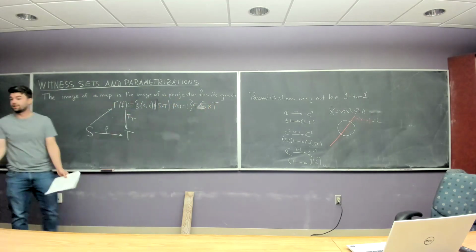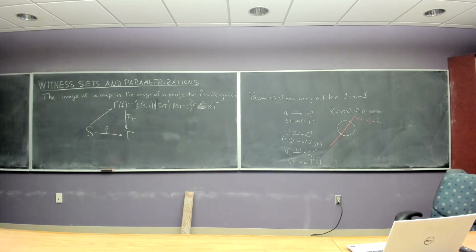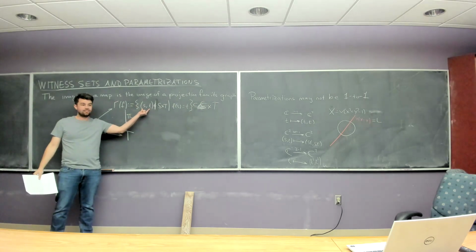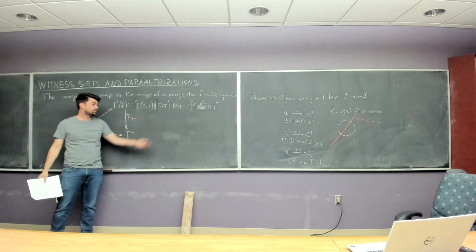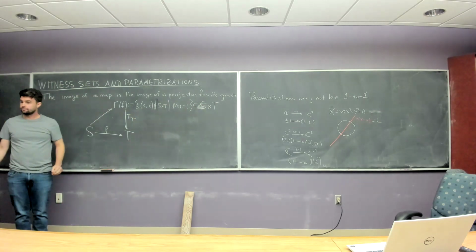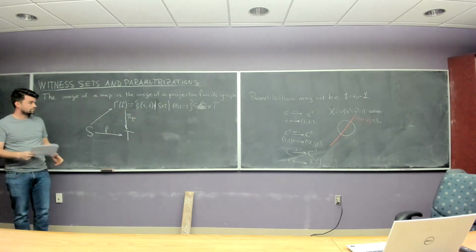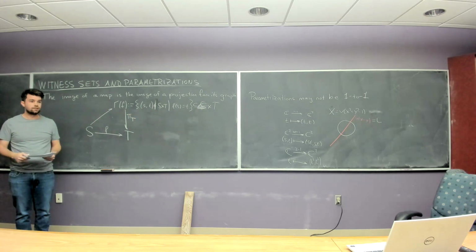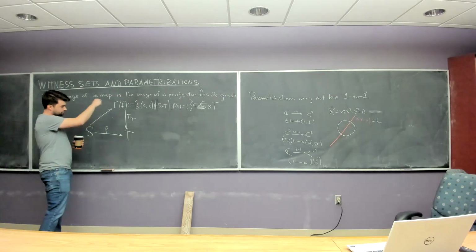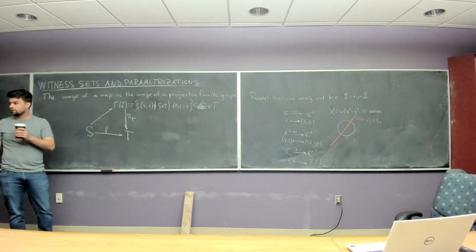I can project just onto the second coordinate. I'm looking at all the t values which belong to something in its graph, in other words, all the t values that get hit by something. Does that make sense? The image of a map is the image of projection from its graph.